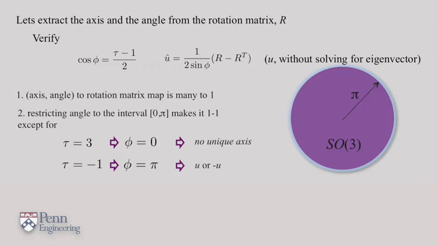Again, it seems like there's a one-to-one map between points on the surface of the ball or inside the ball and the set of rotations. This is true, again, except for points that are on the surface of the ball. So if you look at any pair of points on the ball that are diametrically opposite, they essentially correspond to the same rotation.